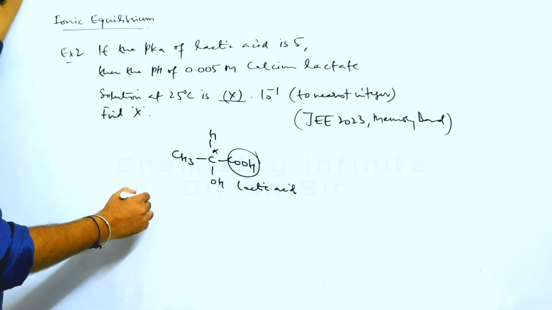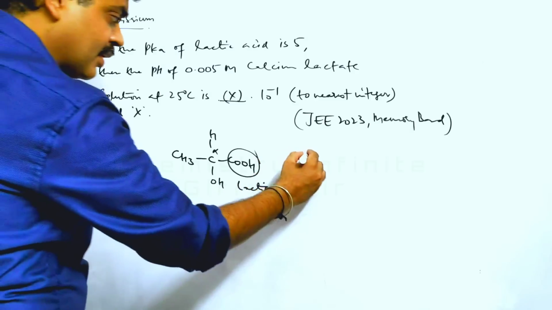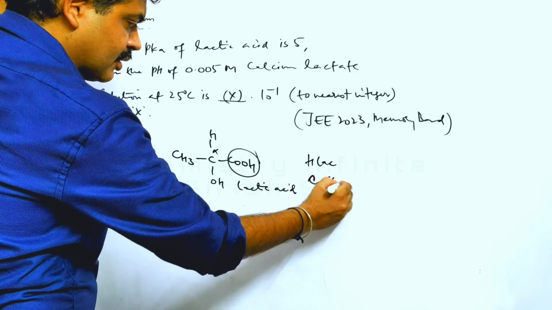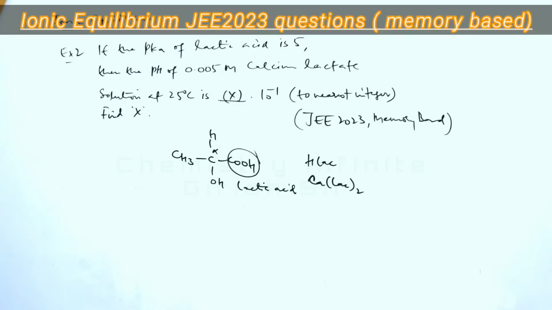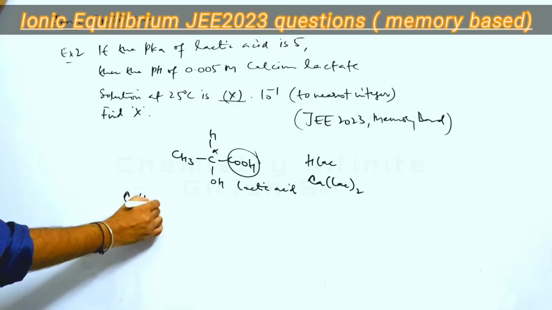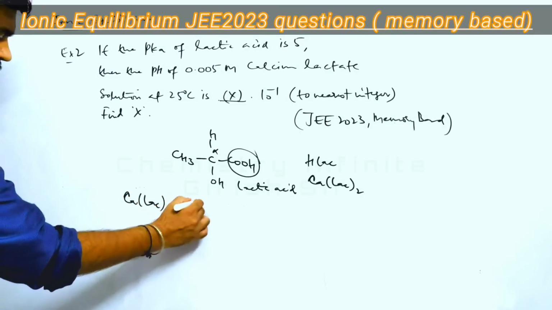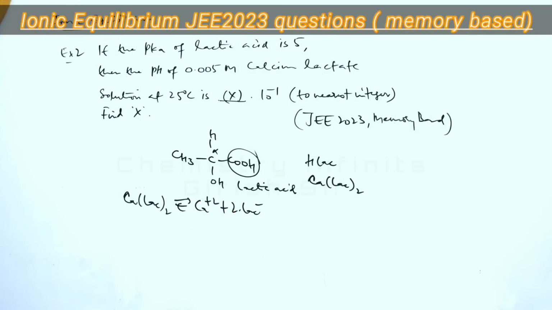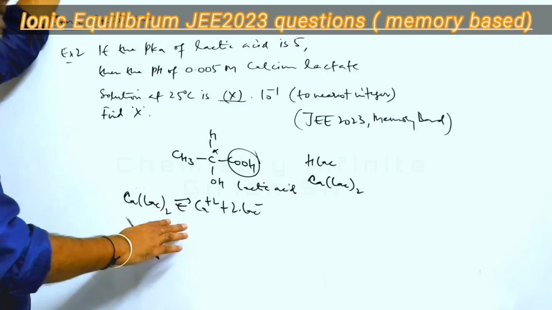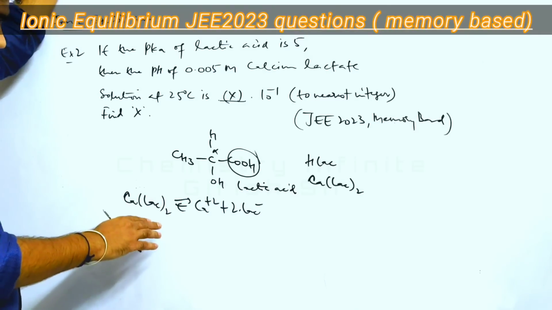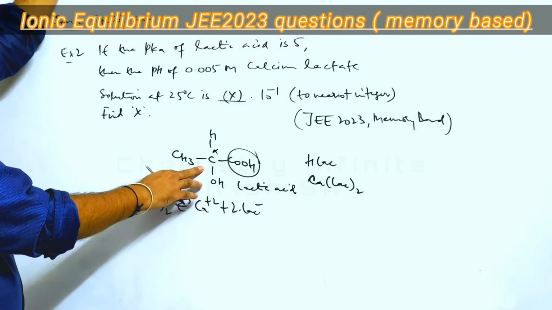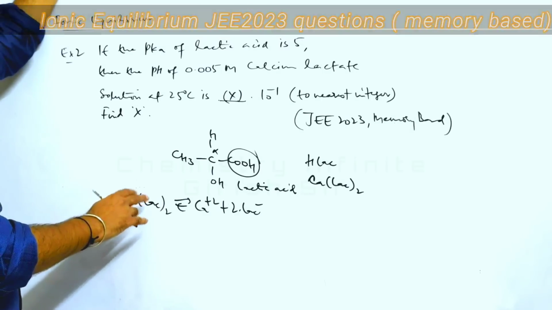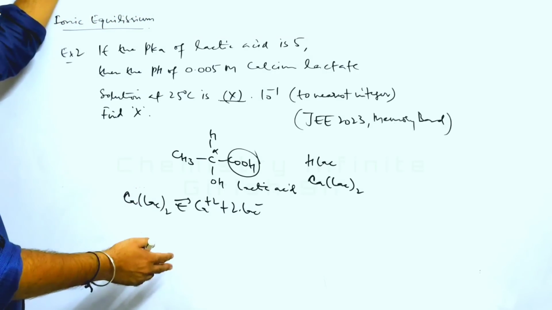If I represent this lactic acid like this, so it's the calcium salt, I can represent it like this in short. When we take the calcium salt of lactic acid, it ionizes like this. This salt, calcium lactate, which is the salt of a weak acid, lactic acid, and a strong base, calcium hydroxide, undergoes anion hydrolysis.